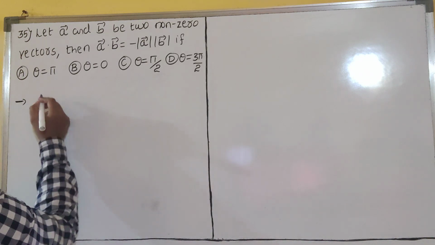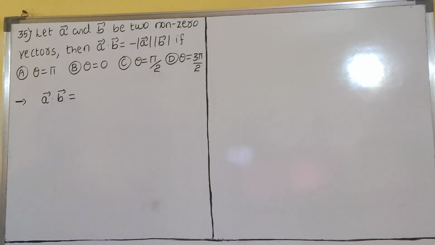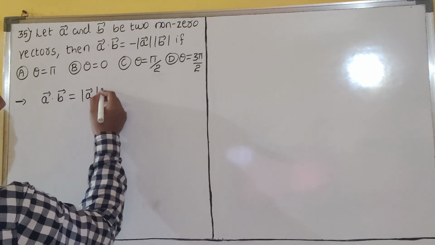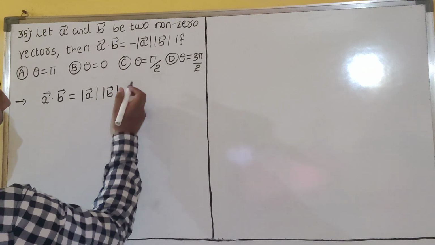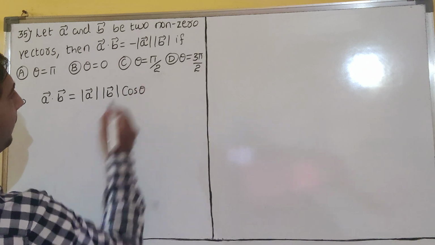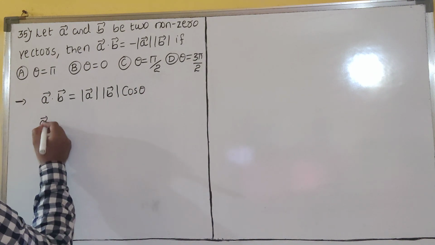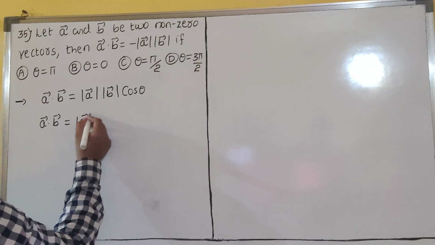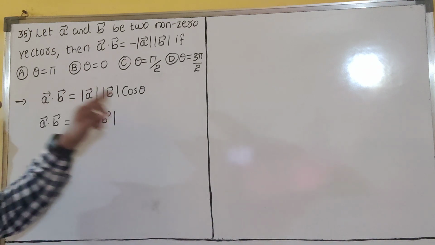So vector A dot B, we have discussed just now in this session, is magnitude of vector A into magnitude of vector B into cos theta. Now one by one we will check the options. Option A says theta is equal to pi.